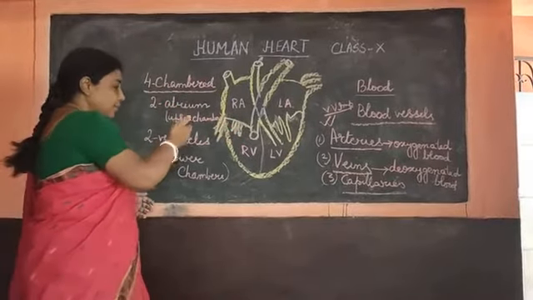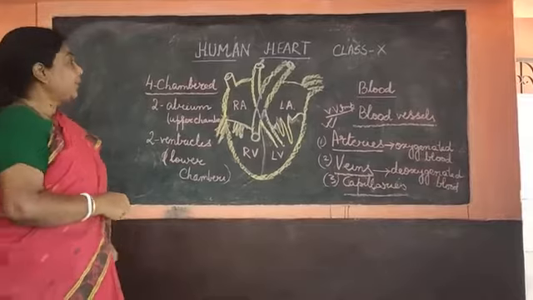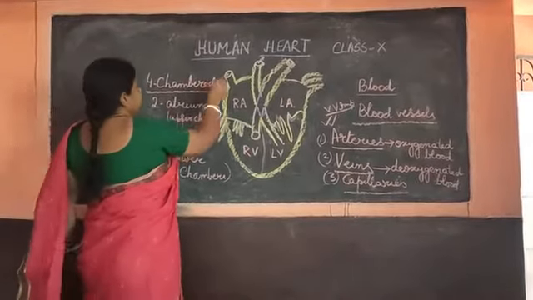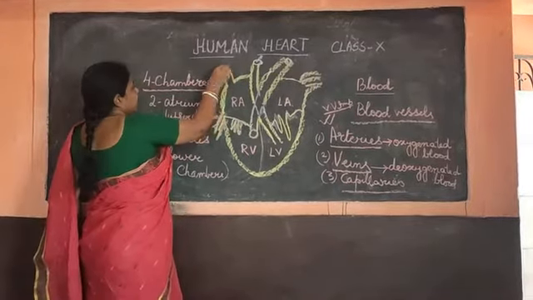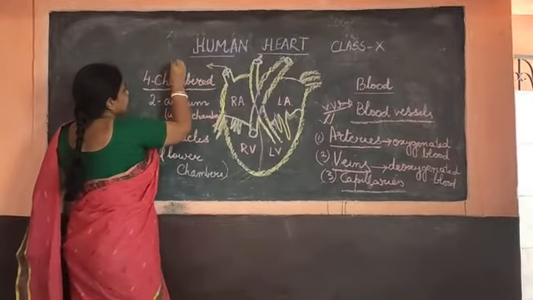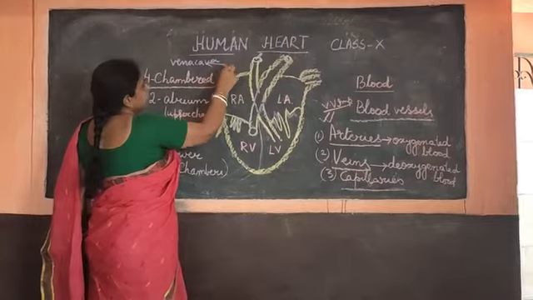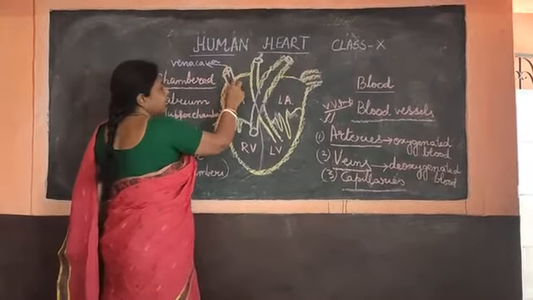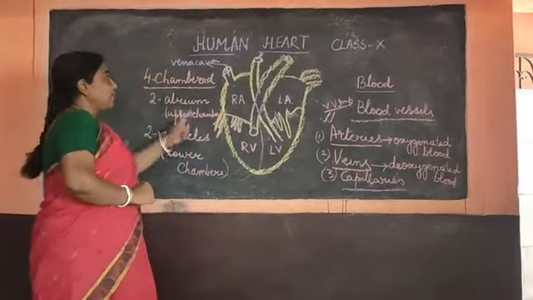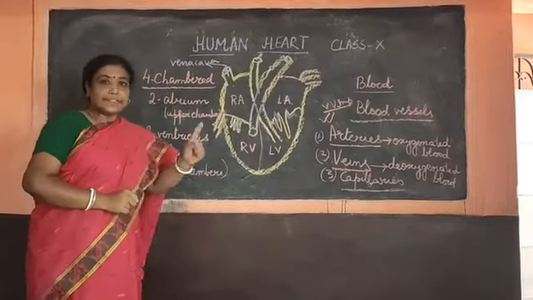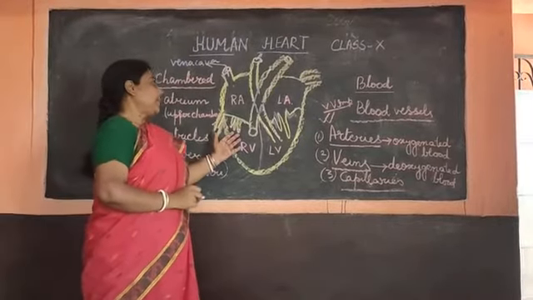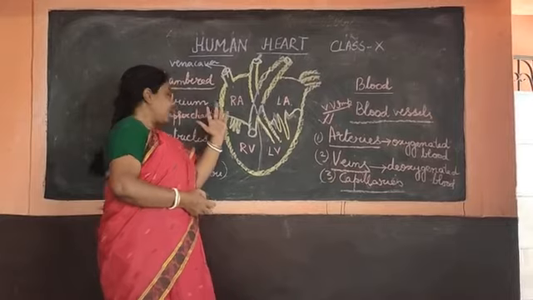So let us go into the working of the heart. You see, this part I am marking. It is known as the vena cava. This bigger blood vessel which is opening into the heart is known as the vena cava. And remember, this is my left.